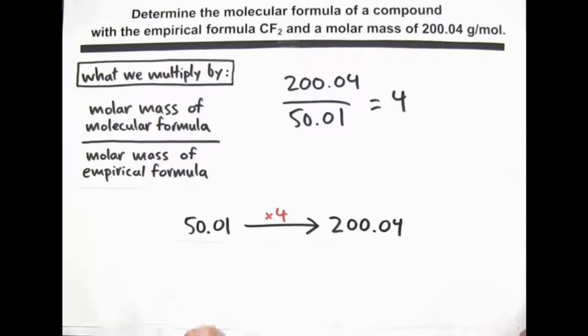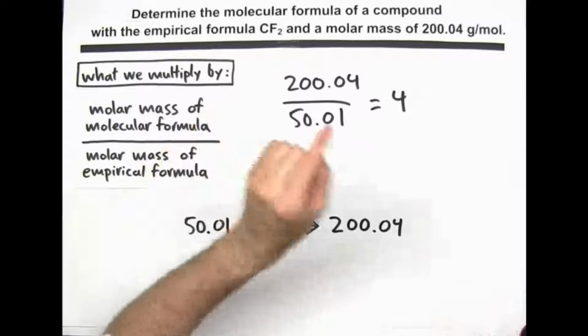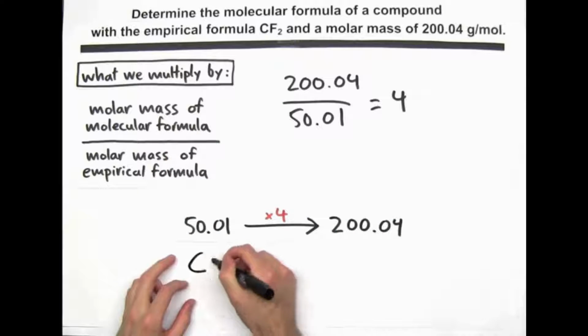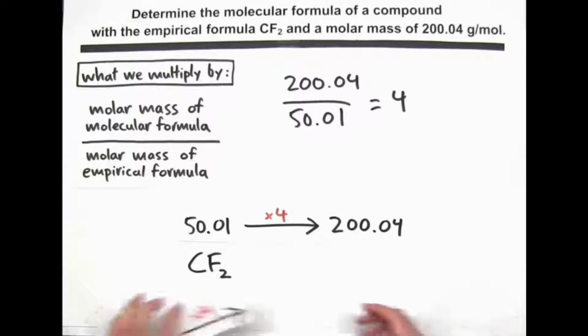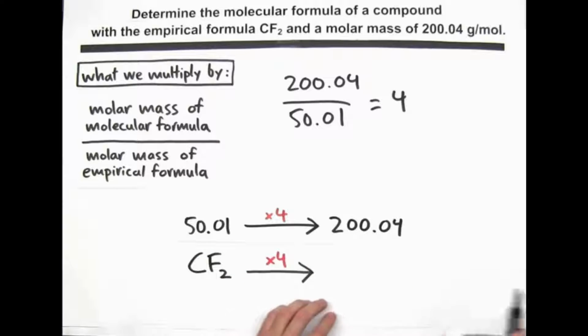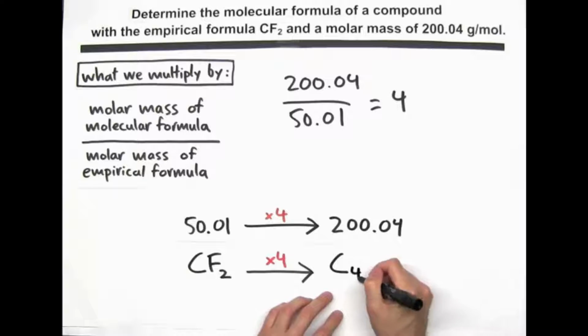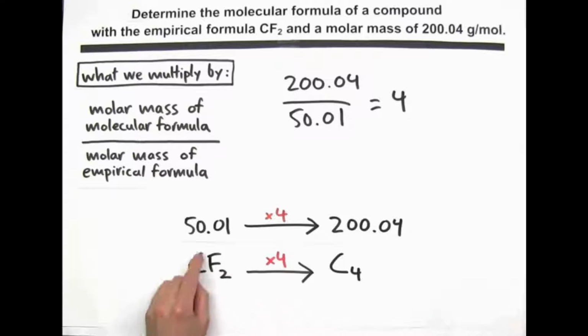We do the same thing to get the molecular formula of the compound. We start with the empirical formula, CF2, and we multiply it by 4 to get C4. It's a 4 because with the C here, if there isn't a number after it, it means that there's just one of them. So we're essentially doing 1 times 4 is 4.